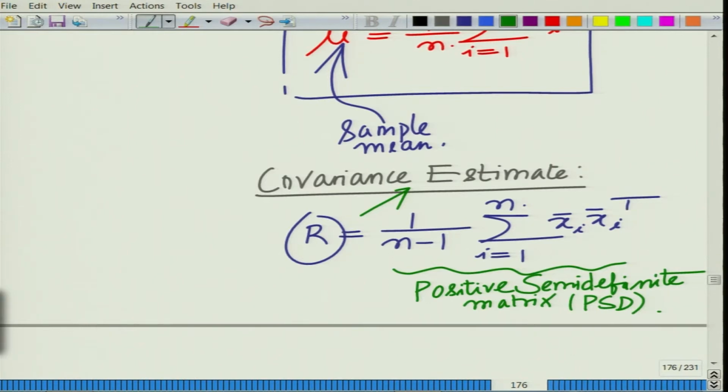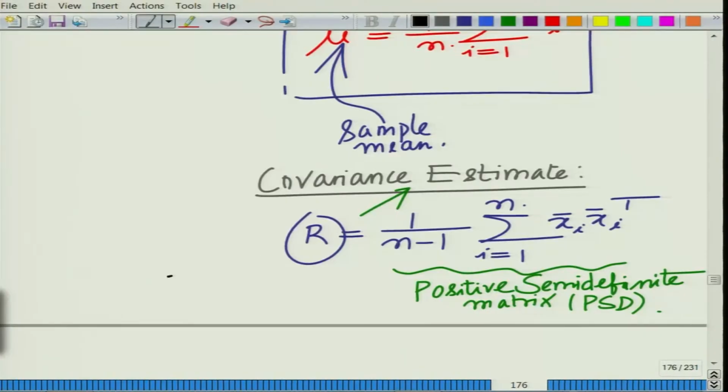Remember, any covariance matrix is positive semi-definite, so naturally the estimate also has to be positive semi-definite, which implies eigenvalues are going to be greater than or equal to 0. Eigenvectors corresponding to distinct eigenvalues are orthogonal. These are the important properties of PSD matrices, remember, alright.